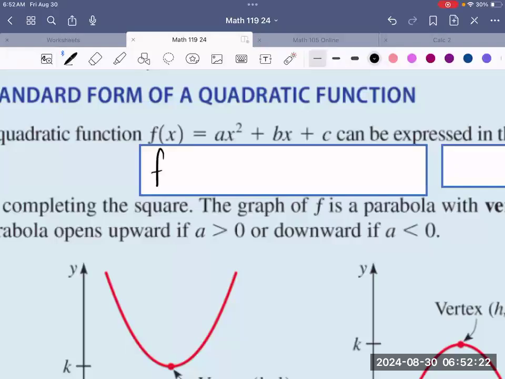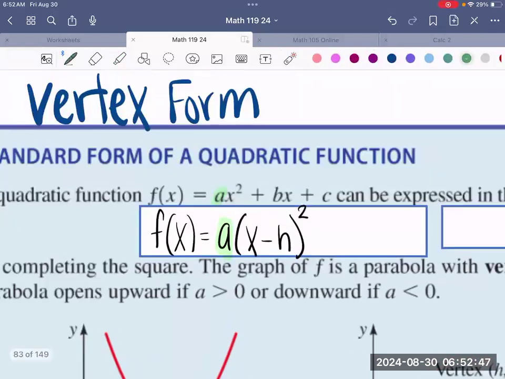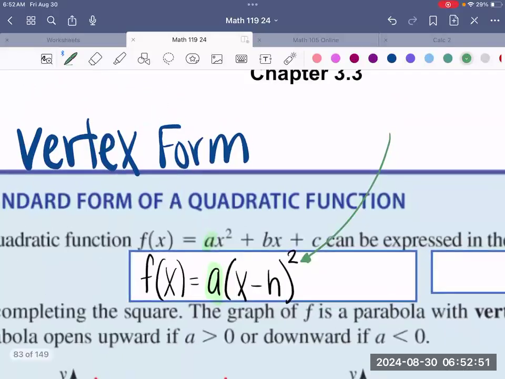So we have f of x is equal to a. Now this a signifies the a from right directly above it. So if you have that leading coefficient, it's also going to be your leading coefficient over here. Times (x minus h) squared. So this squared means that it's going to be that quadratic. Lots of students forget to put this squared on a test or a quiz, which does result in points off.